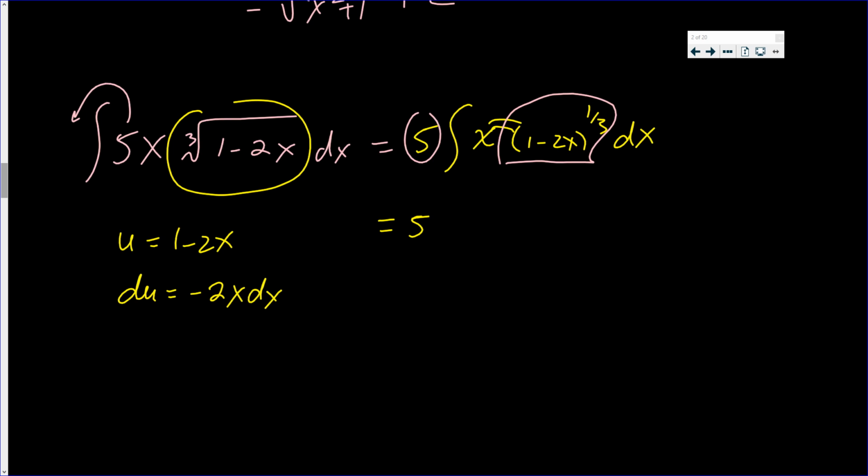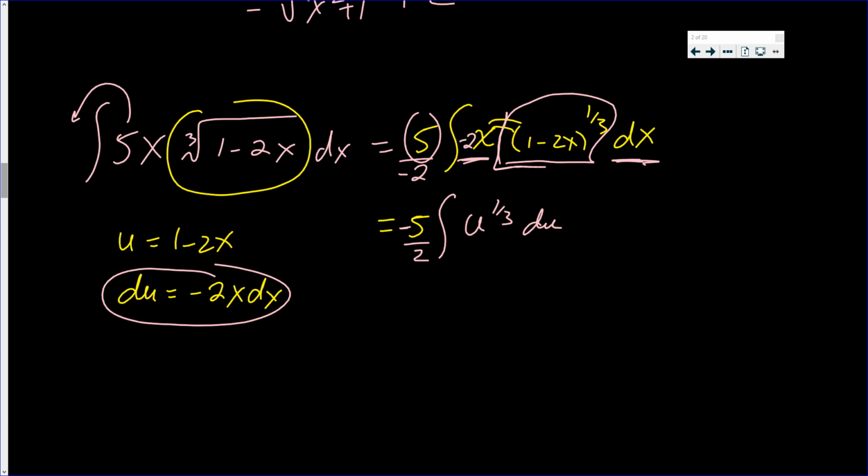But if you multiply by -2, you better divide by -2. So that's -5 over 2, u to the 1/3. This here is u to the 1/3, and everything left over is du.